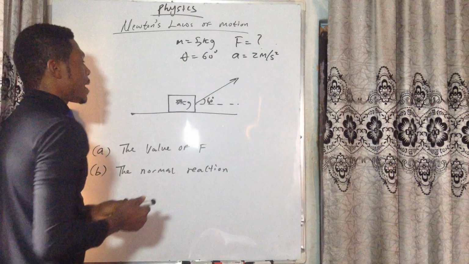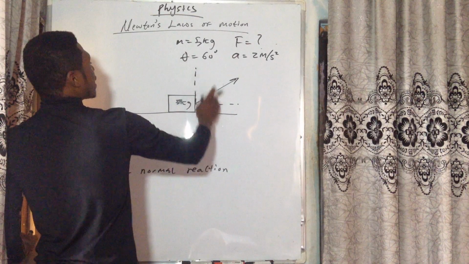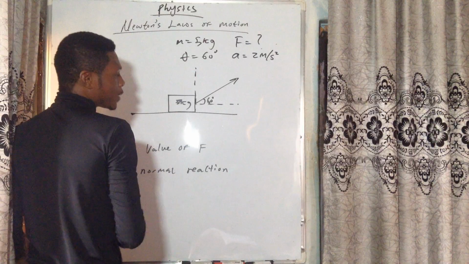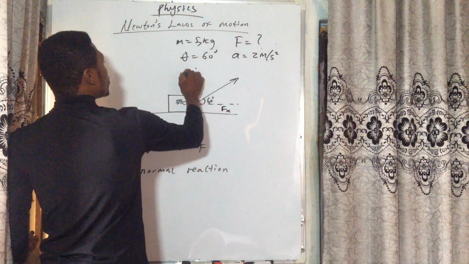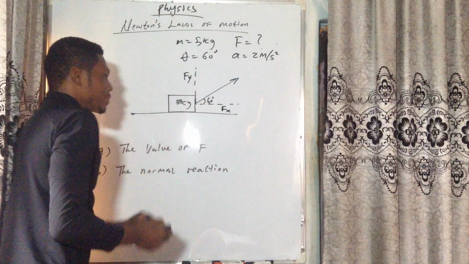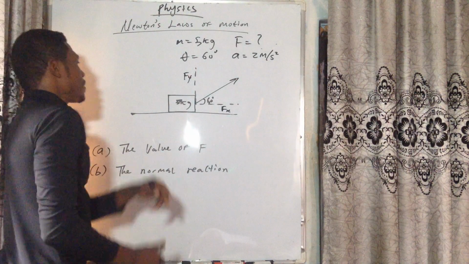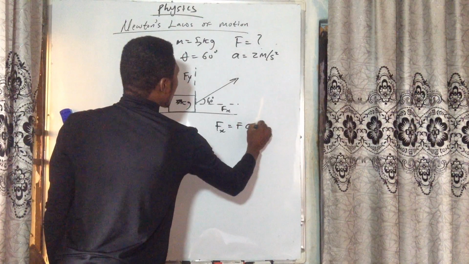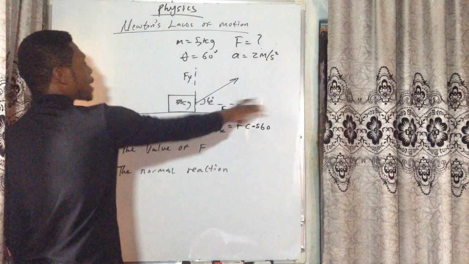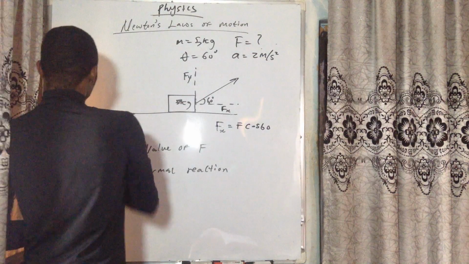Remember, any applied force has a component in the vertical and horizontal direction. We call the horizontal component Fx and the vertical component Fy. Fx is equal to F cos 60, because this is the horizontal component of the force.